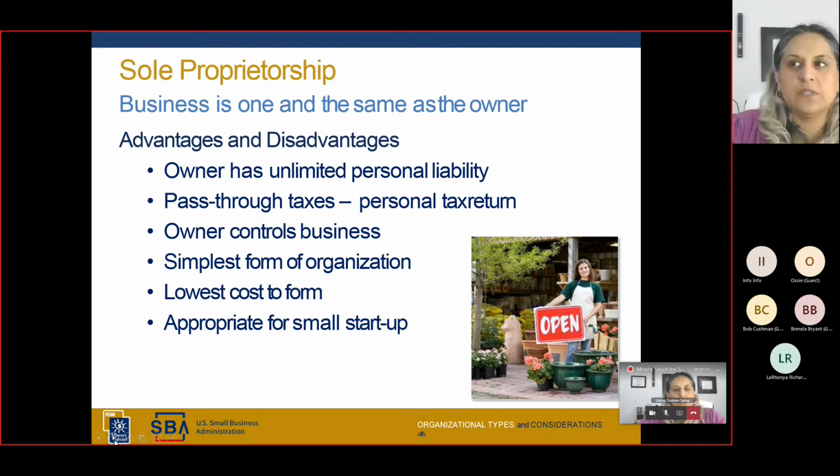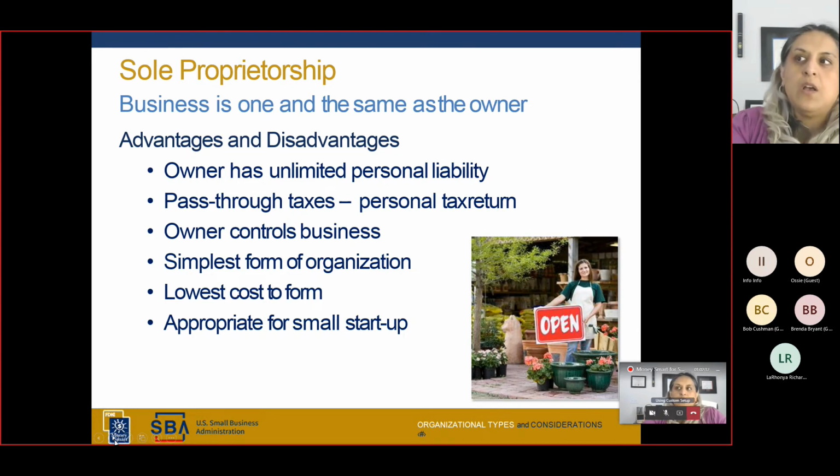The taxation on a sole proprietorship is pass-through taxation. The business itself does not file a tax return; rather, the income or loss passes through and is reported on the owner's personal tax return.